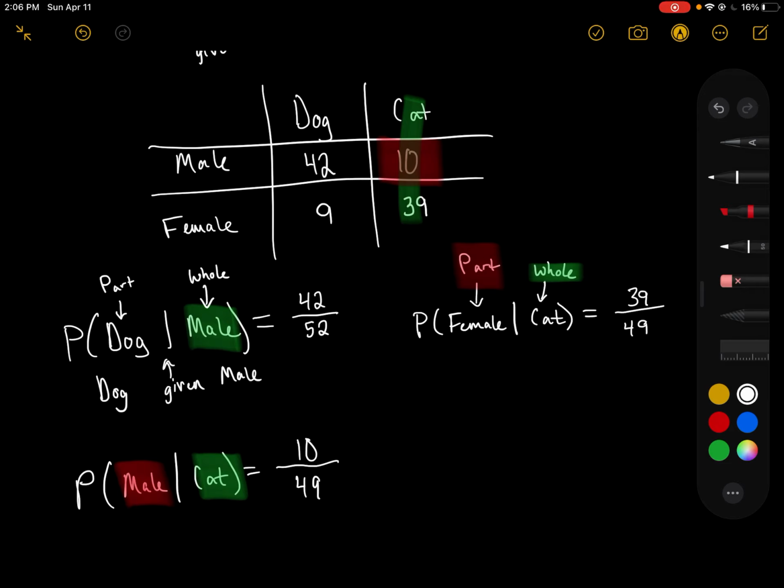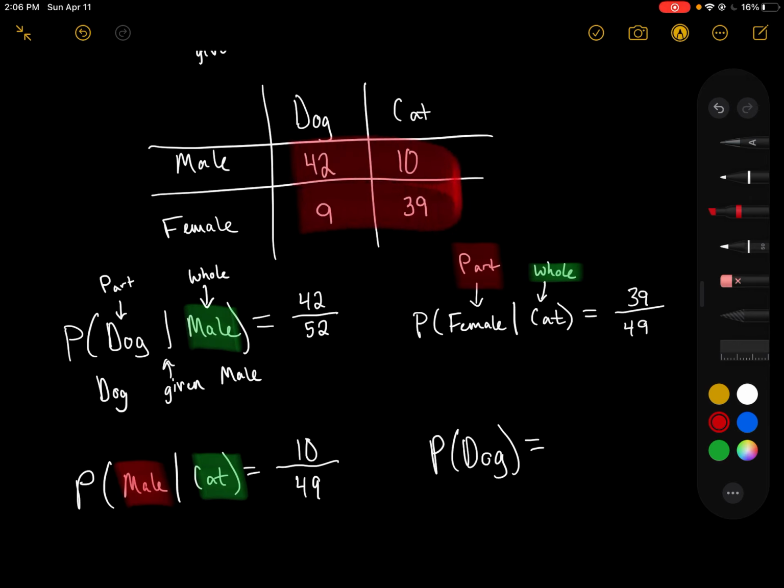Last thing to go over here is, what if it's not a conditional probability? What if it's just something like the probability that you have a dog without any conditions here? Just probability of dog. Well, in this case, there is no whole; the whole is everybody.